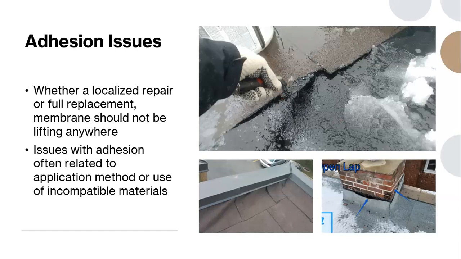Also, if it is a cold applied or self-adhered membrane, if the guidelines aren't being followed about materials that are being used for compatibility, or if it's not within the temperature requirements, then again, you can have issues with the membrane adhering to the roof surface.